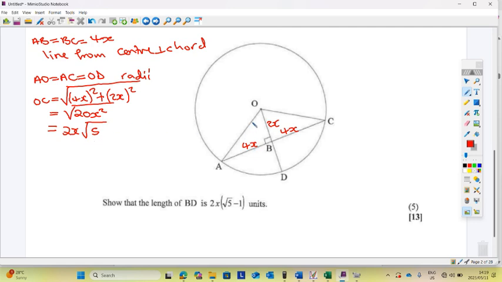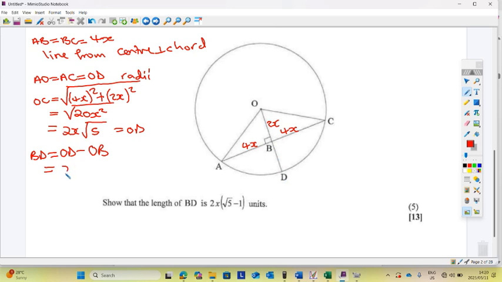And then we now have OD, because we said here OD is equal to OA. So we are saying this is equal to OD. Now how do we get BD? BD is equal to OD minus OB. This is our BD, the one we are looking for. So it's a matter of saying OD minus OB. We do have our OD.